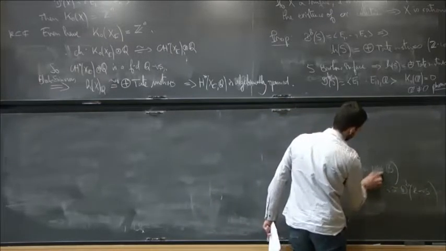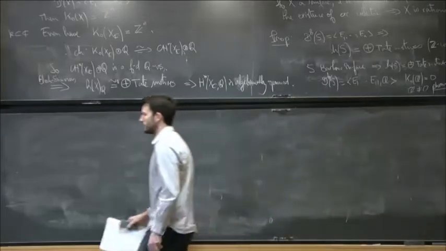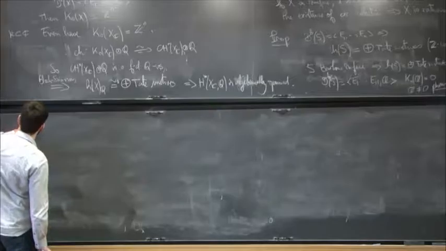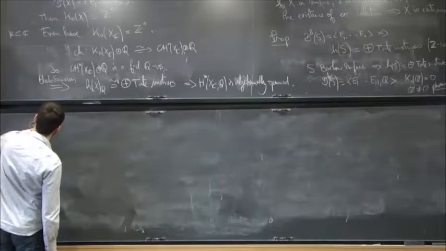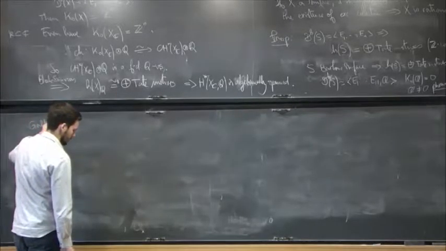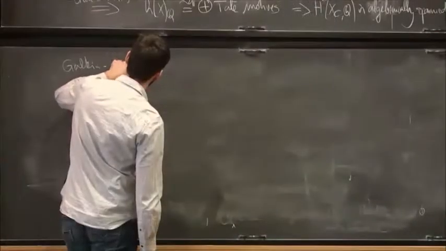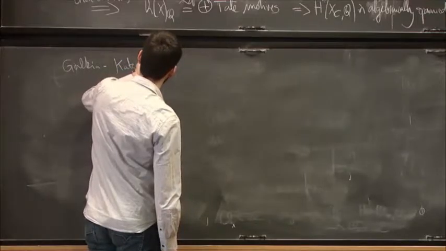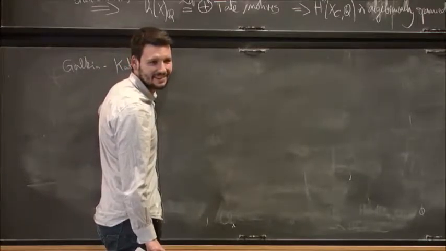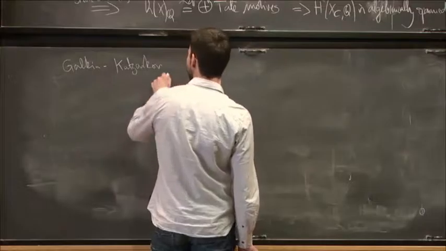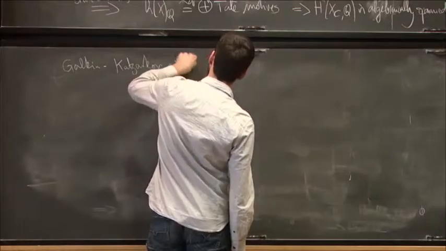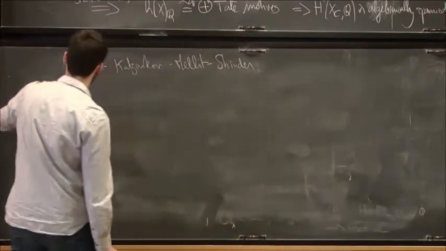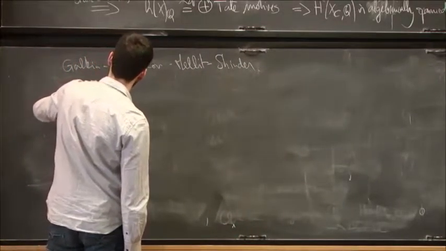Oh yeah, maybe I should mention, I forgot to mention, but the reason why I looked at this was because of a recent preprint of Galkin, Kapranov, Kuznetsov, Mellit and Schindler, where they consider a class of varieties X called manifolds.